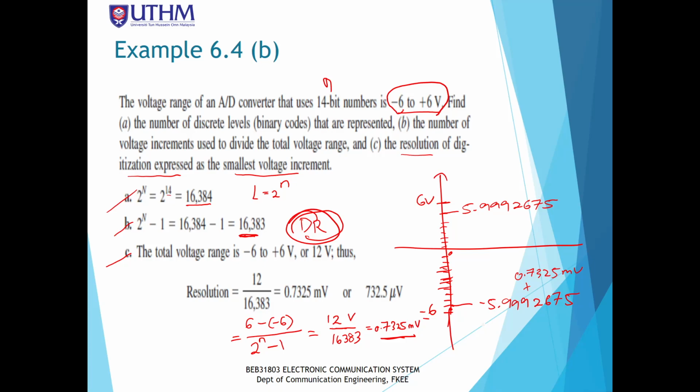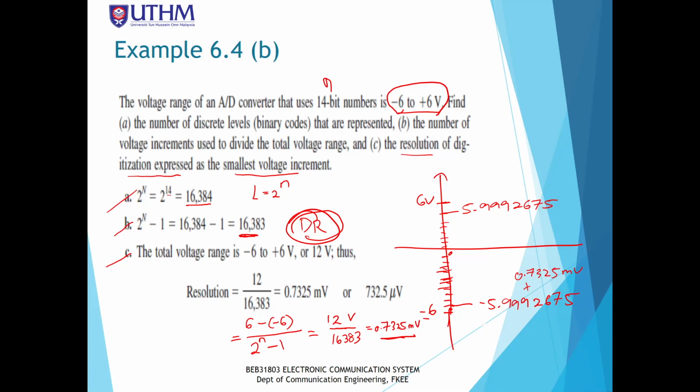So there are 16,000 levels. In the previous exam we have asked this kind of question, but not up to 1,000 levels. Up to 8 levels is normal. We have asked the student to determine how much is the voltage for each quantized level.